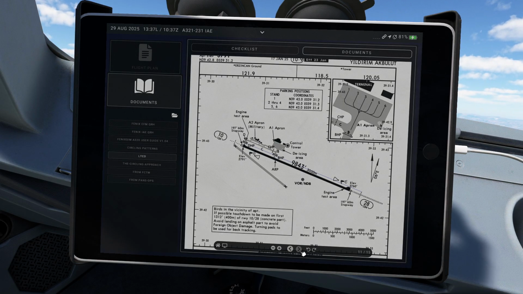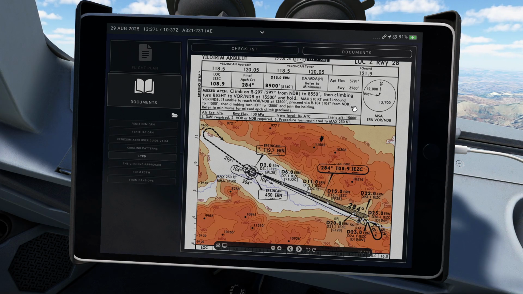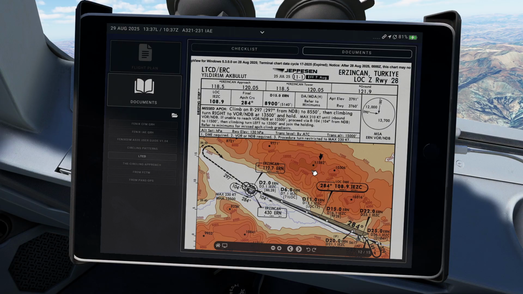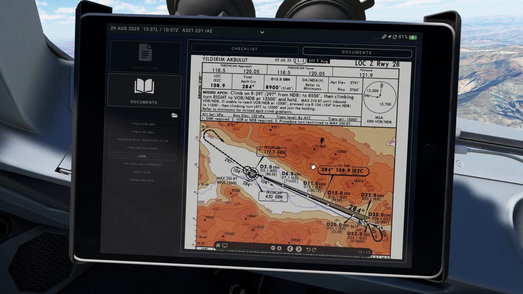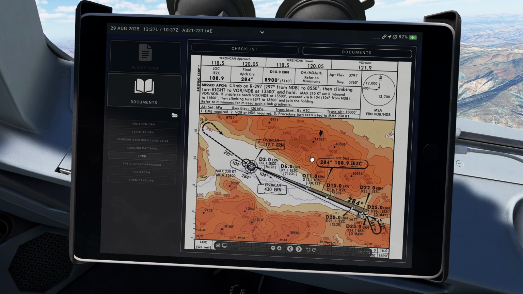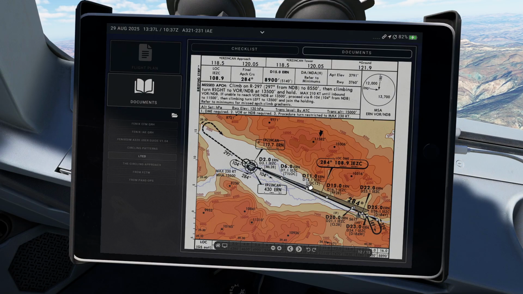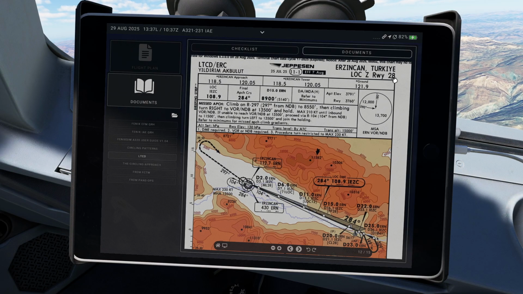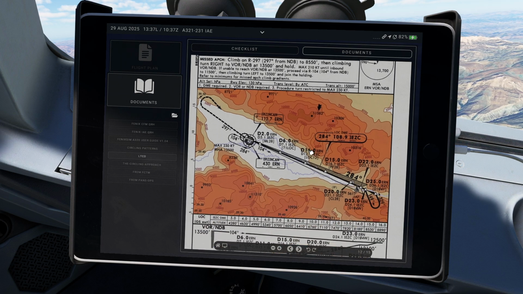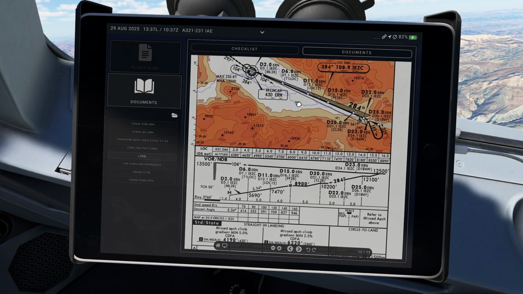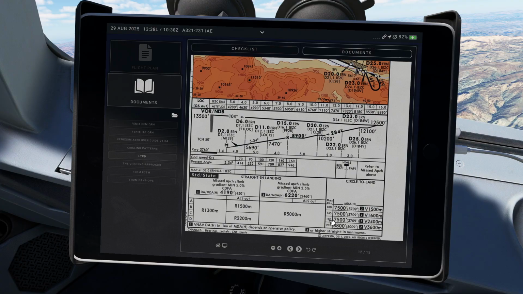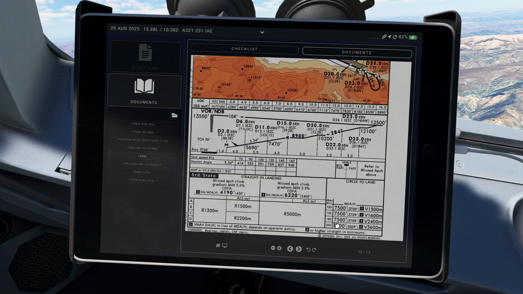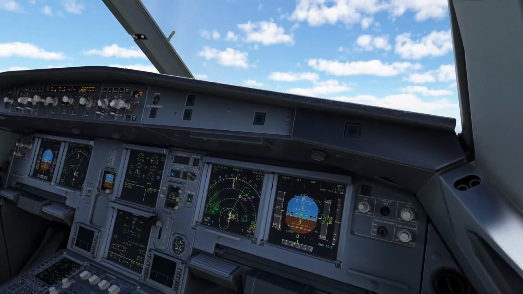If I go for localizer Zulu runway 28, we have some items that cause lots of difficulties for the circle to land procedure based on this instrument approach chart. The first one is the high circle to land MDA, or minimum descent altitude, for our aircraft.